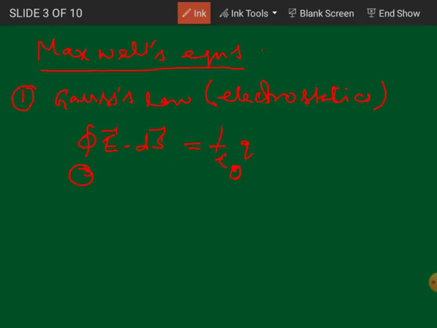This law predicts that isolated charge exists. We can have a plus charge or a negative charge, isolated. But this is different in the case of Gauss law in magnetostatics. Another law, similar to this Gauss law in electrostatics, is in the case of magnetostatics.